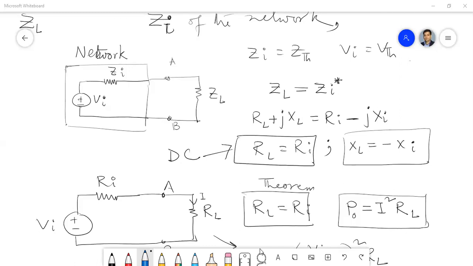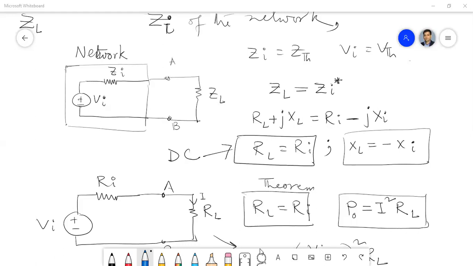Sir, in the maximum power transfer theorem, XL equals the complex conjugate of XI, I think. No, XL equals minus XI. These two are not complex terms. XL is not a complex term.